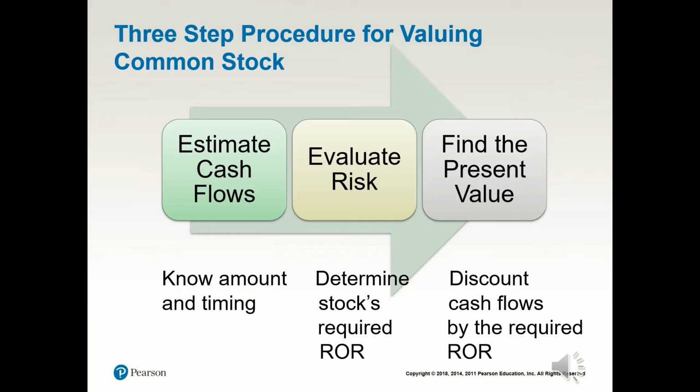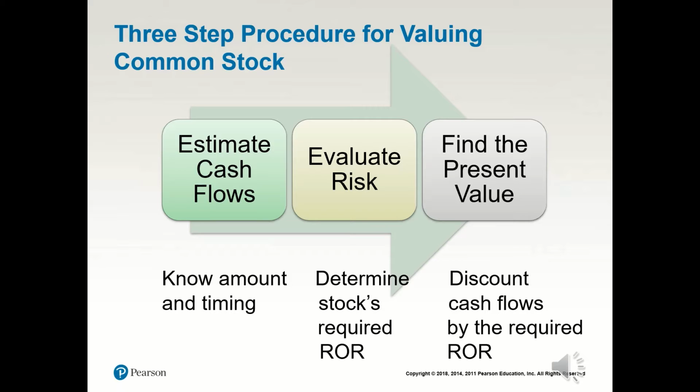Before we talk about specific stock valuation methods, I want you to understand that there are 3 basic steps to valuing common stock. Step 1 is to estimate the expected amount and timing of future cash flows. Step 2 is to evaluate the riskiness of the common stock's future dividend payouts to determine the stock's required rate of return.